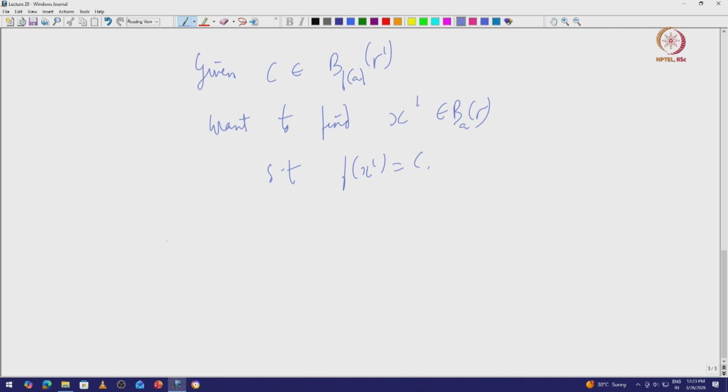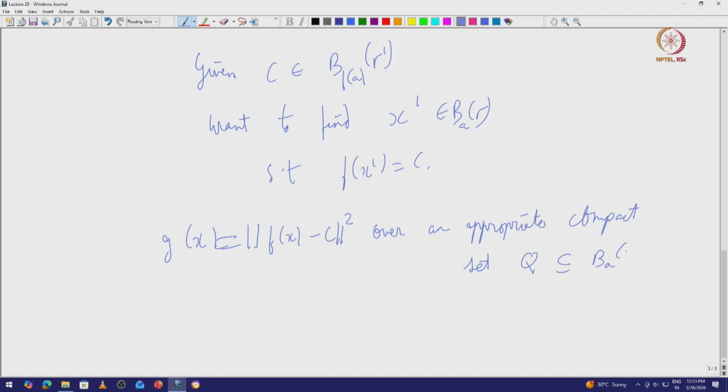So the idea is to consider this function g of x equals norm of f of x minus c squared over an appropriate compact set Q, and you minimize it. This is the idea. Minimize it.